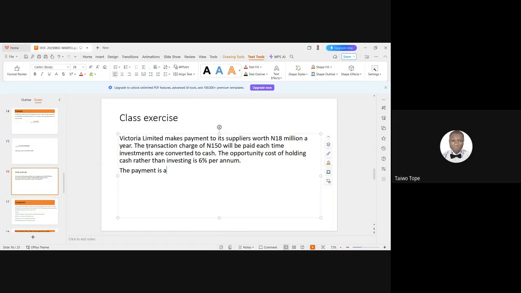The payment is assumed to be constant daily.